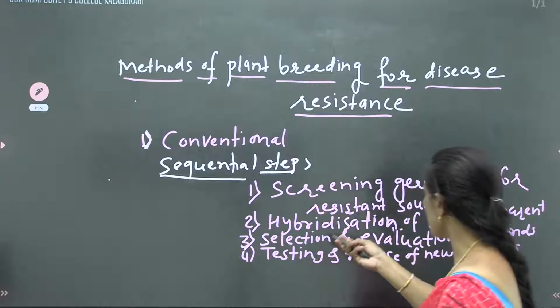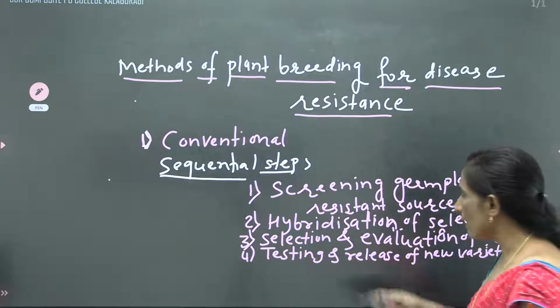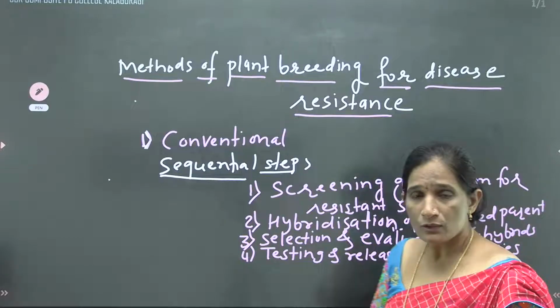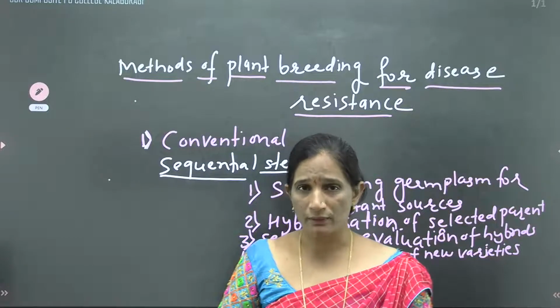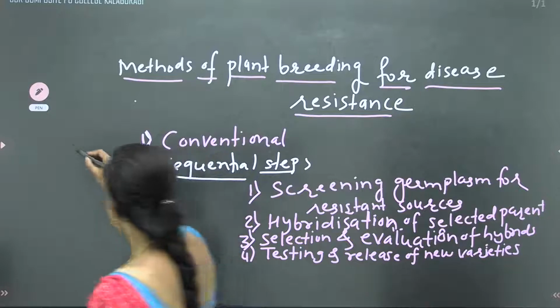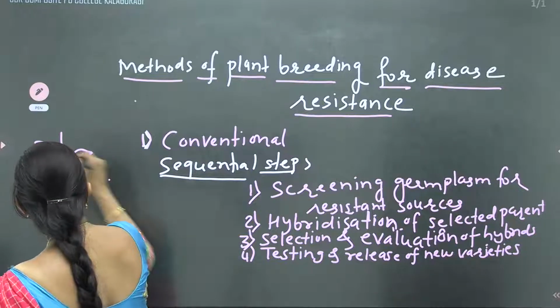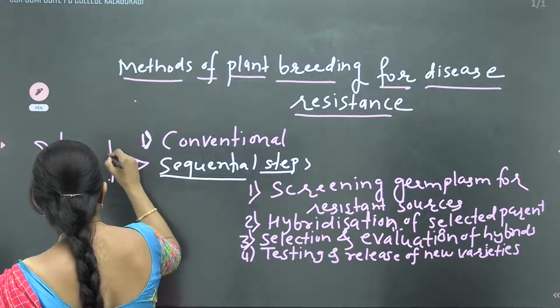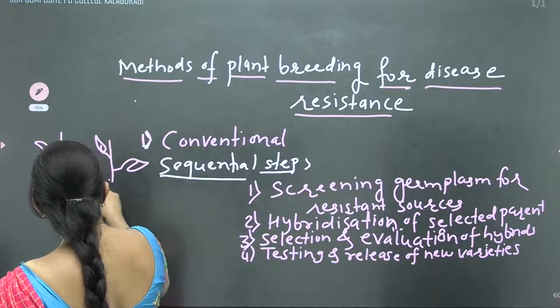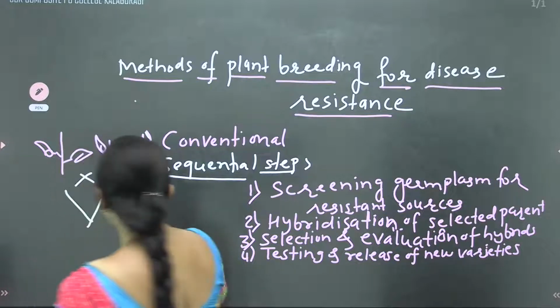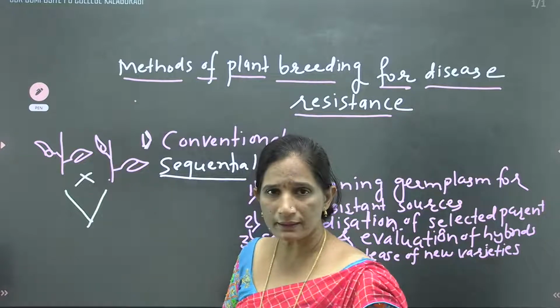That is the second step, hybridization of selected parent, and the third one, selection and evaluation of hybrid. When the progenies are formed, for example, this is one plant, this is another plant. When we cross these plants, we will get so many plants.